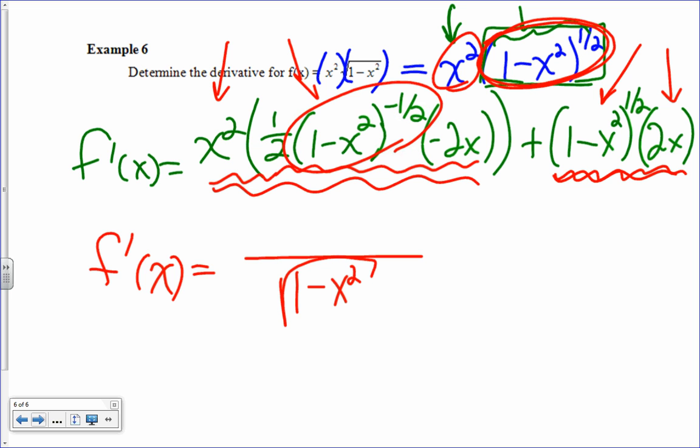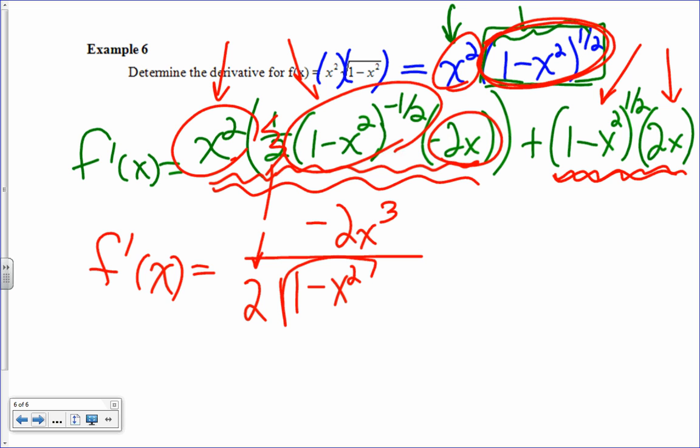Okay, I'll write that 2 down there for now, but it's not going to end up staying there. So that's gone. And on top, I've got that and that, so negative 2x to the third. Okay, so we'll just go step by step here. There is one more thing I can do there, but we'll leave it at that for now.